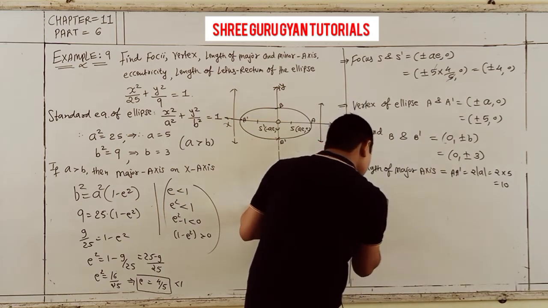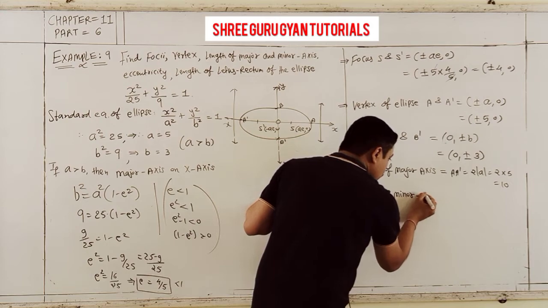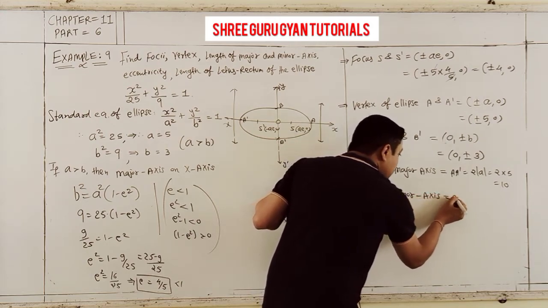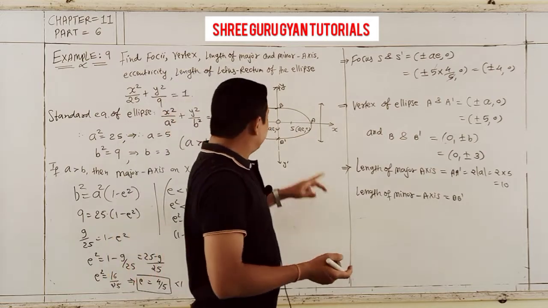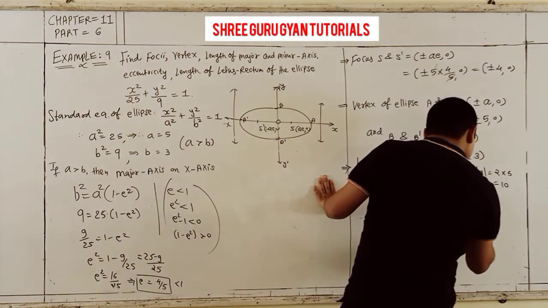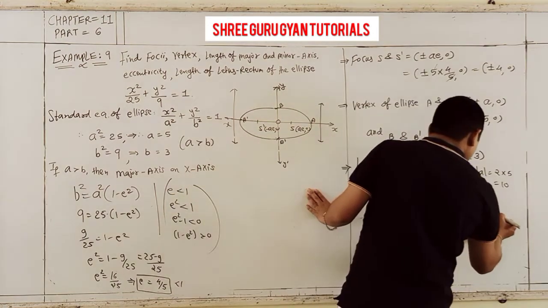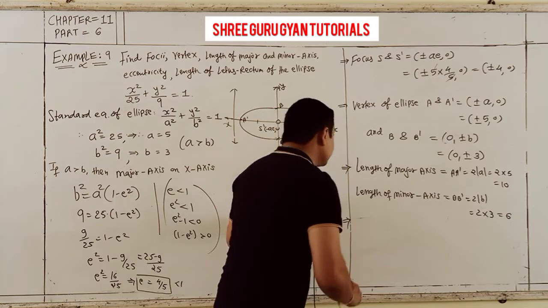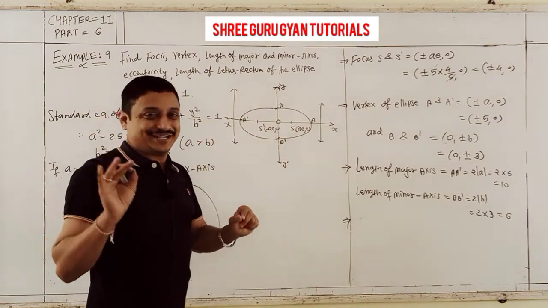Same as length of minor axis. It is simple, B B dash, minor axis, and this length is twice modulus b. And what's the b? 3. It gets 6.